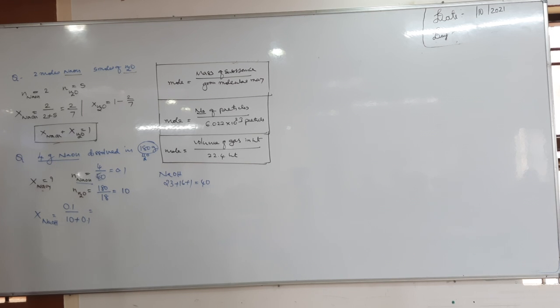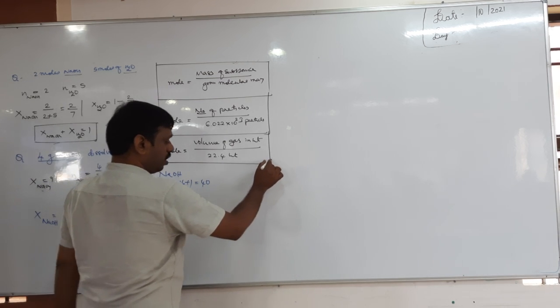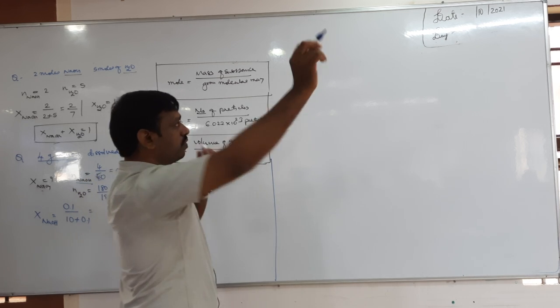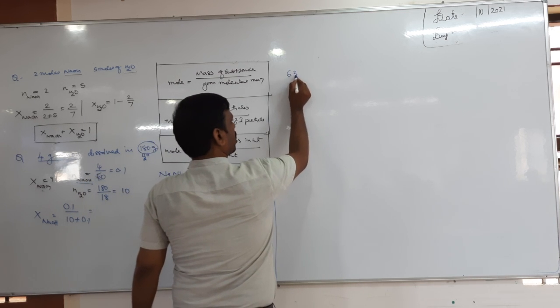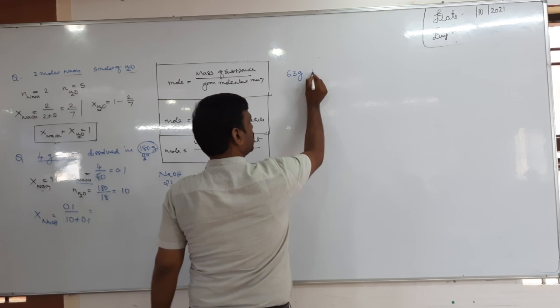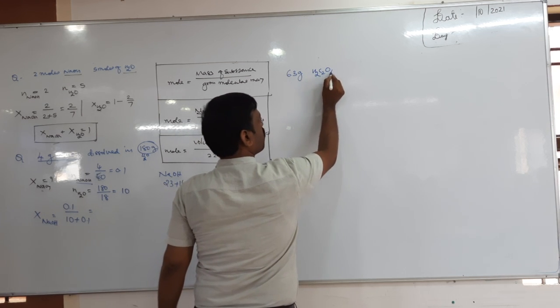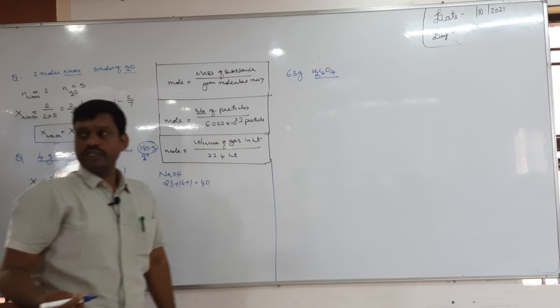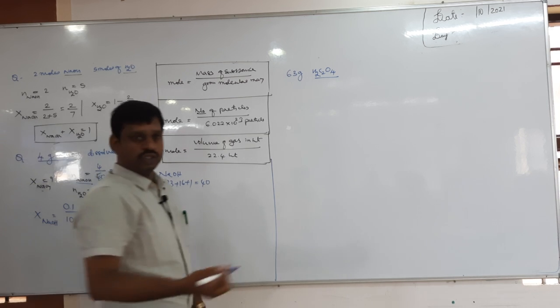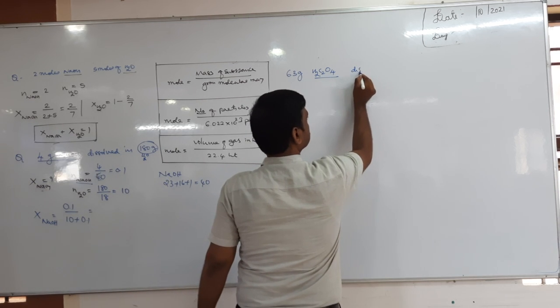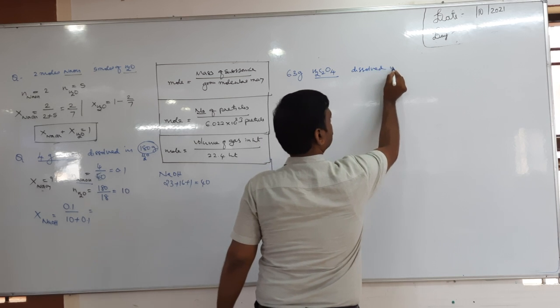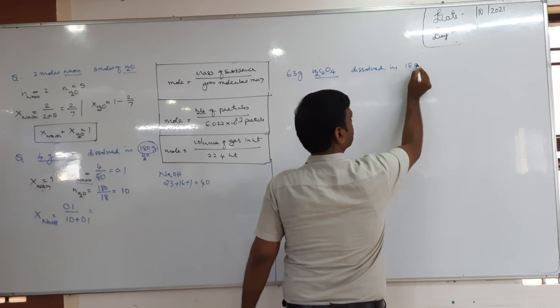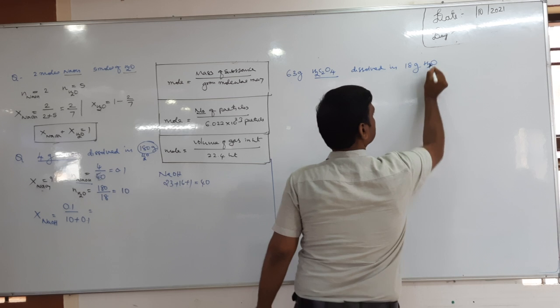Calculate the mole fraction of oxalic acid. Here 6.3 grams of oxalic acid. What is oxalic acid? H2C2O4 is oxalic acid, which is dissolved in 18 grams of water.